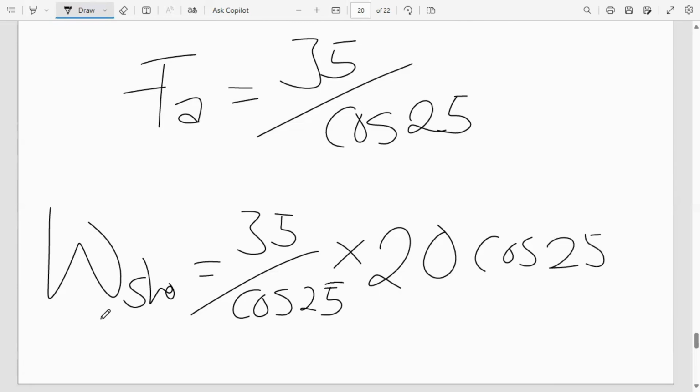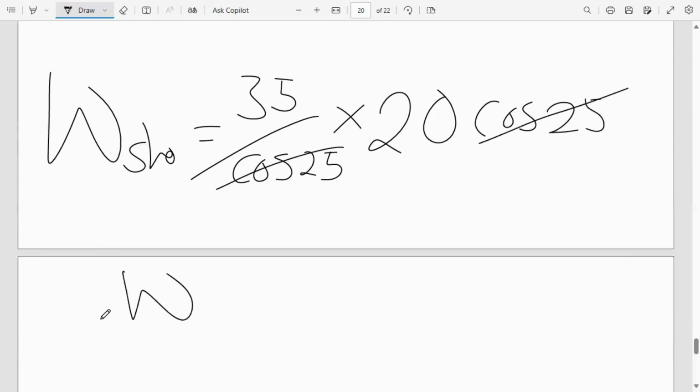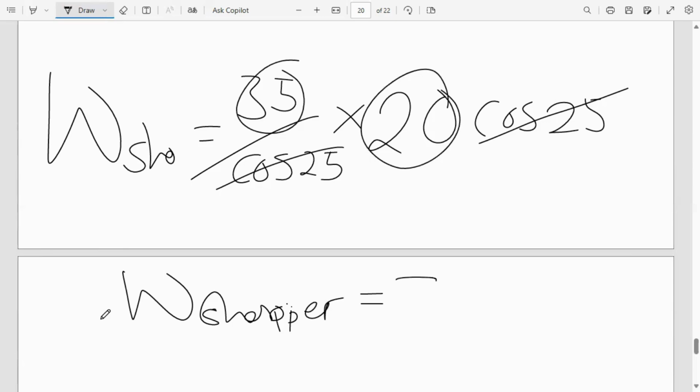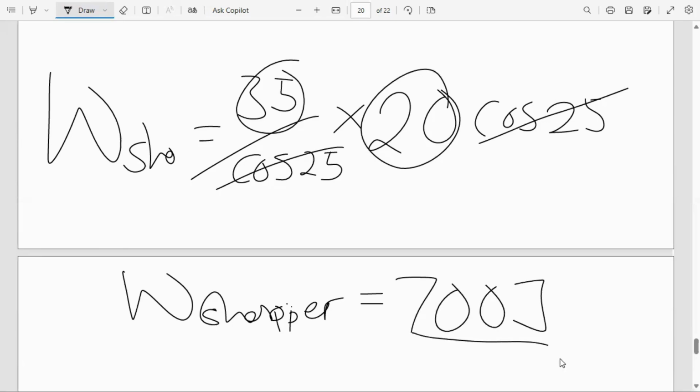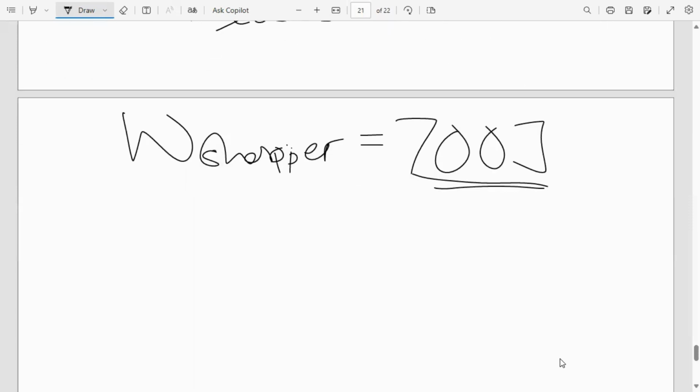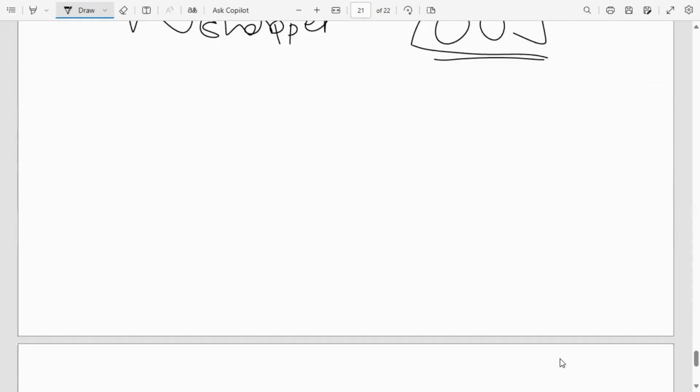So cos 25 and cos 25 here can cancel out. And we're going to find the work done by the shopper being equal to 35 multiplied by 20, which is now going to give us a positive 700 joules. So that is the work done on the cart by the shopper.